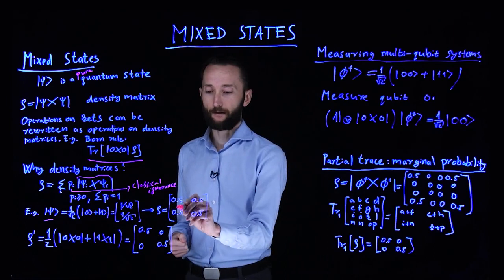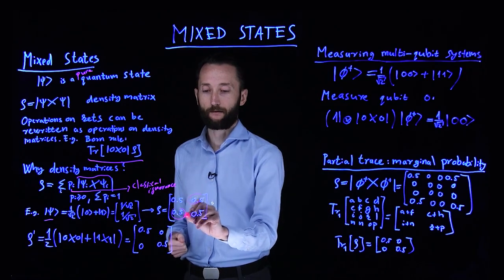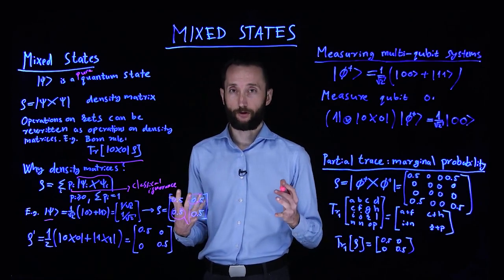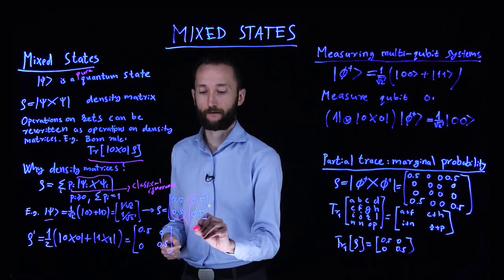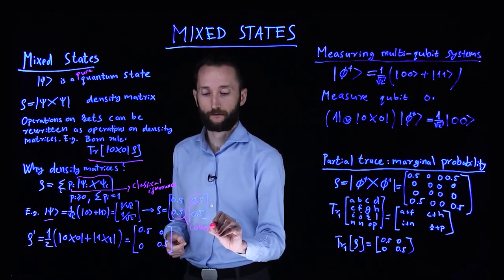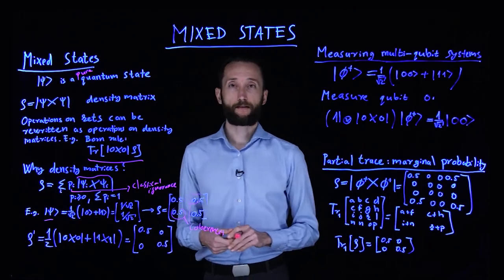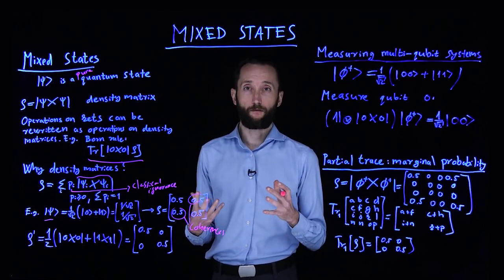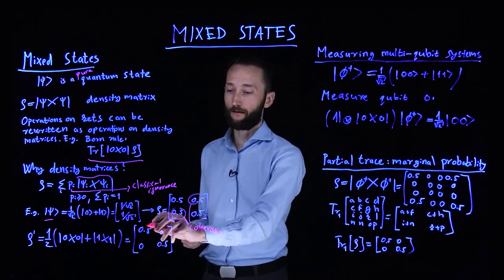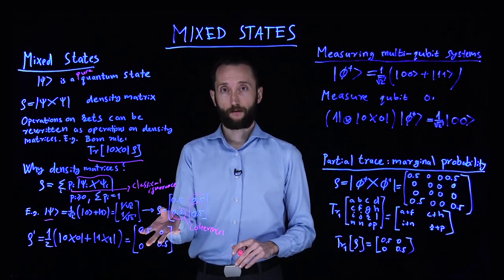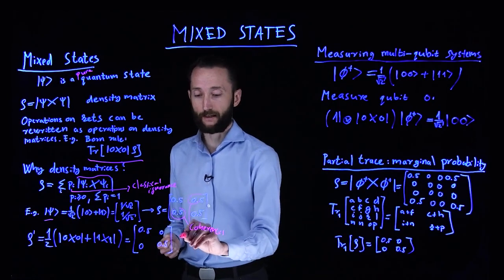So these off-diagonal elements are critical for many quantum operations. These are sometimes also called coherences. And as you can see, this density matrix does not have any of these, and the diagonal elements are also equal. So this is not just a mixed state, this is called a maximally mixed state.